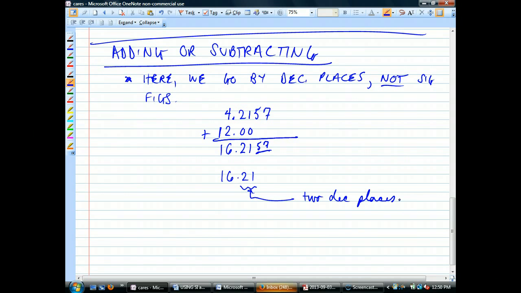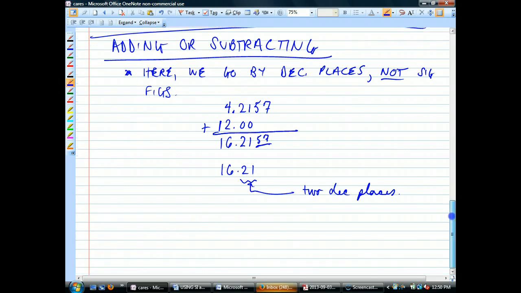We're limited by that. Well, if we do it, let's do a subtraction here. 12 minus 4.2157.